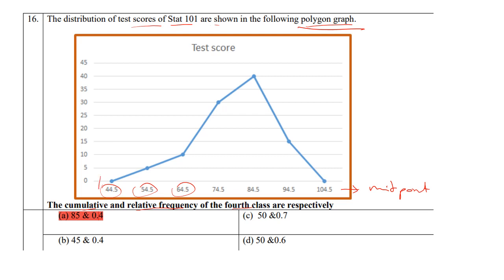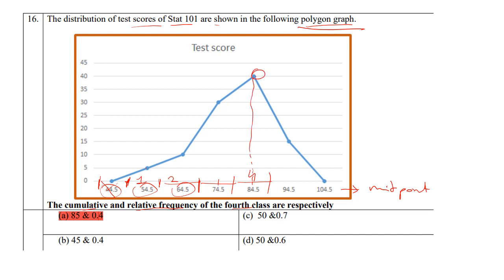For this one here, it's 0. And for this group here, we have the frequency 5. So we don't start with the 0 here. We start with the first one, and the second group is here, the third group, and the fourth group. So the fourth group is corresponding to the frequency here, 40.